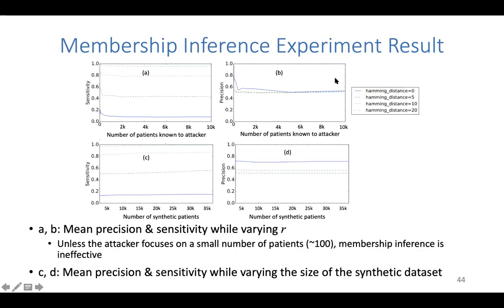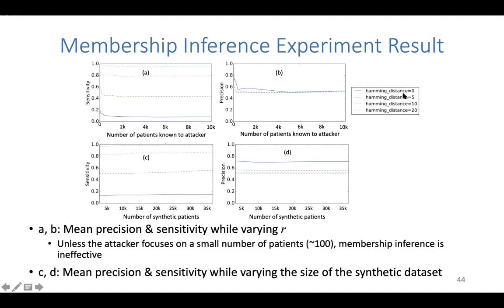So here, what is happening is that as we increase the number of patients known to the attacker, so here we are increasing the number R, the lines indicate the different Hamming distance thresholds. A Hamming distance threshold of 0 means that if and only if the samples known to the attacker are a complete match with the synthetic samples, then it is a match.